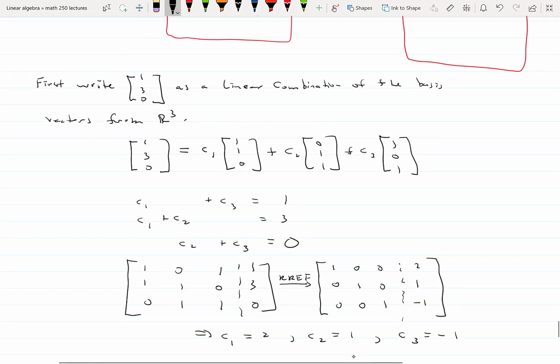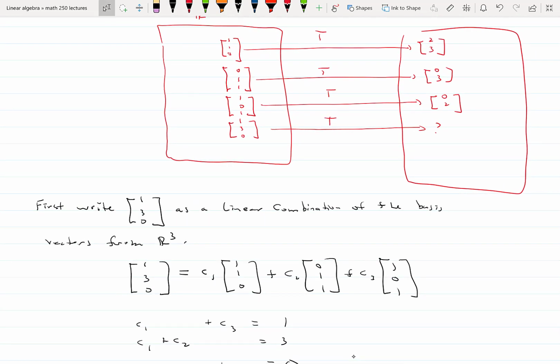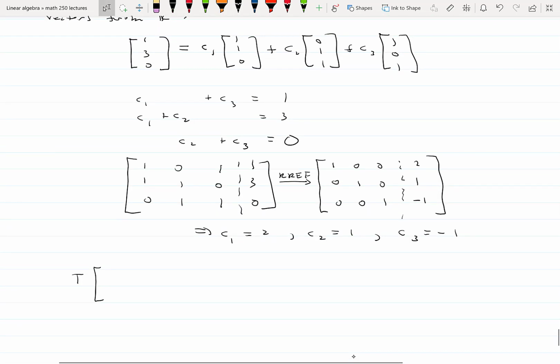Remember, the idea was that I know what the transformation does to the three basis vectors. I know the action of the linear transformation on the basis vectors: (1, 1, 0), (0, 1, 1), and (1, 0, 1) get turned into those three vectors from R2. So now I want to find T of (1, 3, 0).